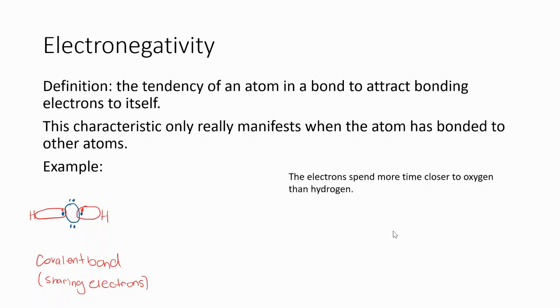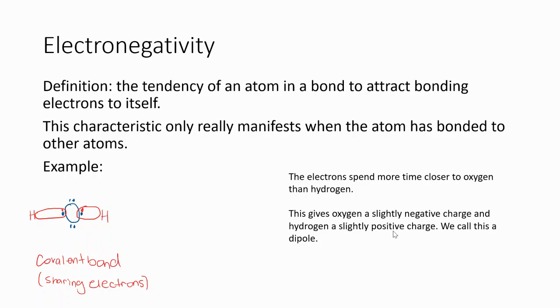You can see that the electrons are spending more time closer to oxygen than hydrogen. This gives oxygen a slightly negative charge and hydrogen a slightly positive charge. We call this a dipole, and you can see that we represent this with delta negative and delta positive. So this means oxygen has high electronegativity and hydrogen has low electronegativity.